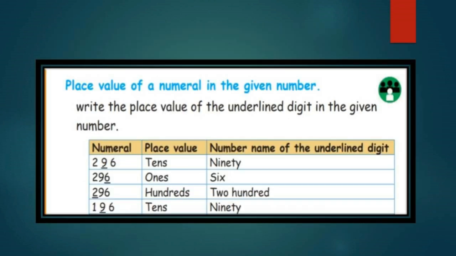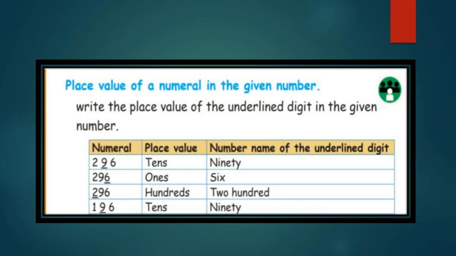Now we are going to see place value for the underlying digit. First numeral, 296. In that 9 is in tens place. That is, the number name of the underlying digit is 90. Second one, 296. 6 is in the place value ones.